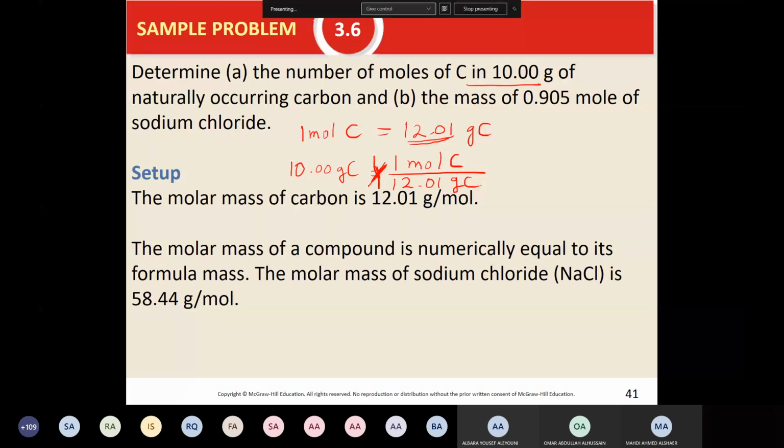Then the gram carbon will go with the gram carbon and you have the answer. Is this clear? On the other hand, if I have 0.905 mole carbon, how many grams is this?